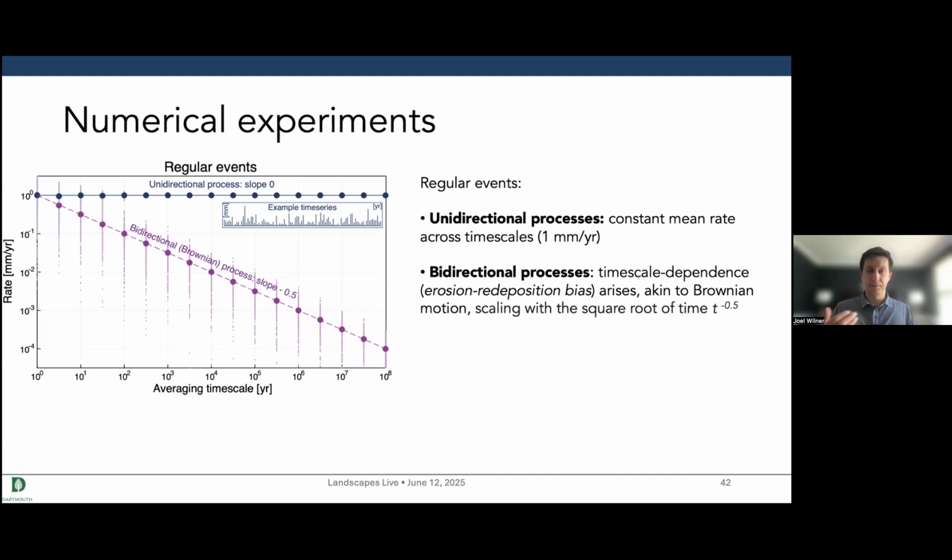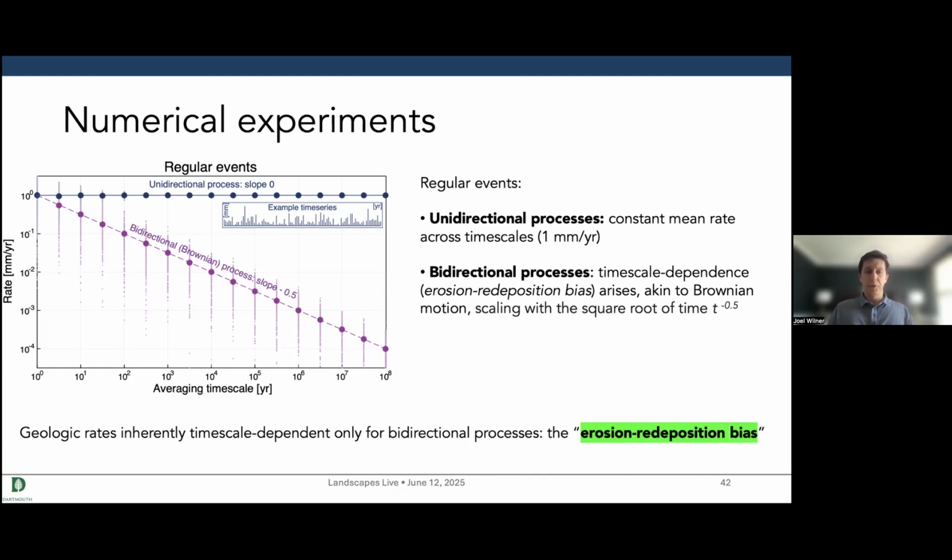This is characteristic of a Brownian particle that may be appropriate for a tidal or deltaic environment below base level. So we see that for regular events, these geologic rates may be inherently timescale dependent only for bidirectional processes. We deem this particular flavor of the Sadler effect to be an erosion redeposition bias.